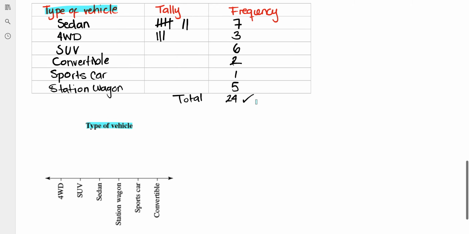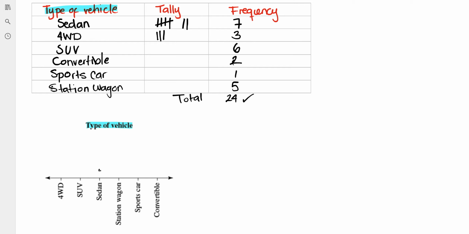There you go. Here I have my possible outcomes. You take your pencil and say, okay, sedan, I had 7. What you have to be very careful about is that you align it. I'm going to try to do my best, because it's better if you have grid paper.